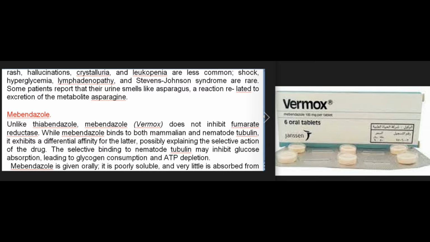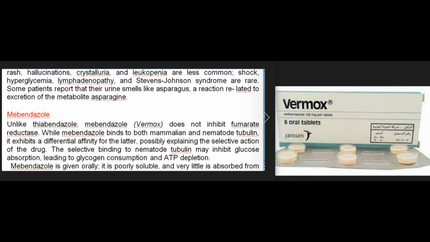Mebendazole. Unlike thiabendazole, mebendazole (Vermox) does not inhibit fumarate reductase. While mebendazole binds to both mammalian and nematode tubulin, it exhibits a differential affinity for the latter, possibly explaining the selective action of the drug. The selective binding to nematode tubulin may inhibit glucose absorption, leading to glycogen consumption and ATP depletion.